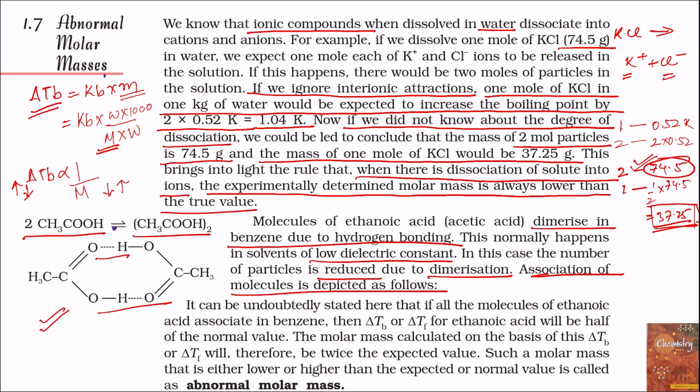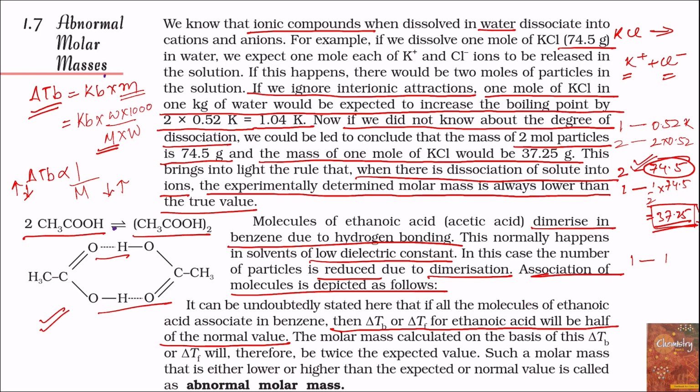Now, if all the molecules of ethanoic acid associate in benzene, then delta Tb or delta Tf for ethanoic acid will be half of the normal value. Both delta Tb and delta Tf are colligative properties which depend upon the number of particles. So, if the number of particles decreases, then the colligative property will also decrease. For example, when the number of particles is 1, the colligative property is 1.